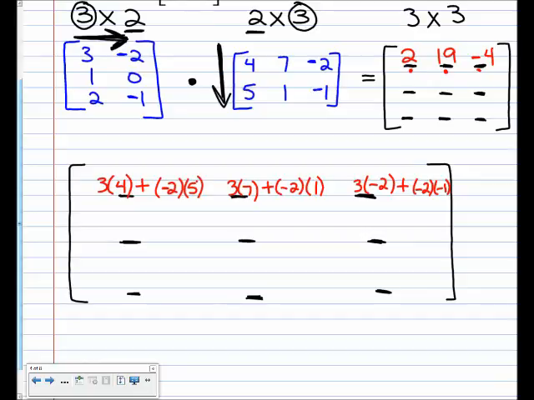Now watch what happens when I go to the second row. Now I'm using 1 and 0, but now I'm back in which column? The first column. So it's 1 times 4 plus 0 times 5.